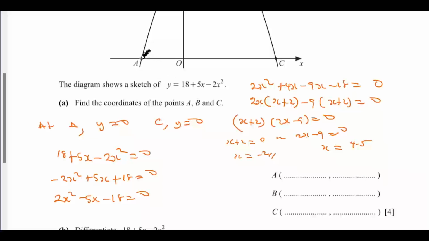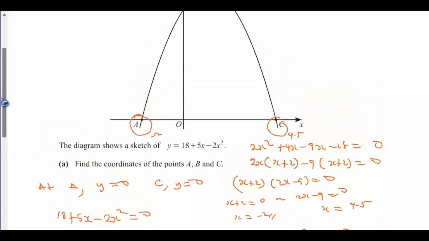So the coordinates of point A are x equals negative 2, and of course y equals 0, and for point C, the coordinates are x equals 4.5 and y equals 0 as well.